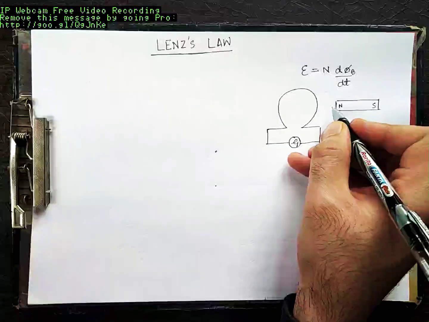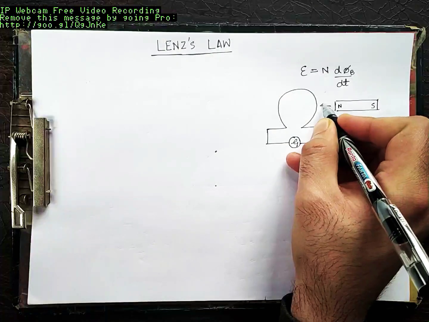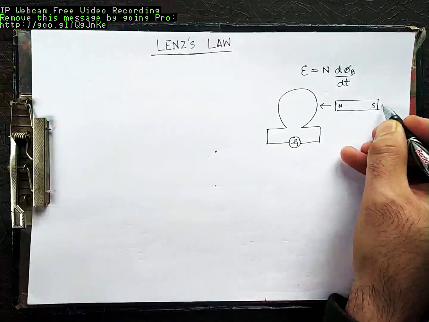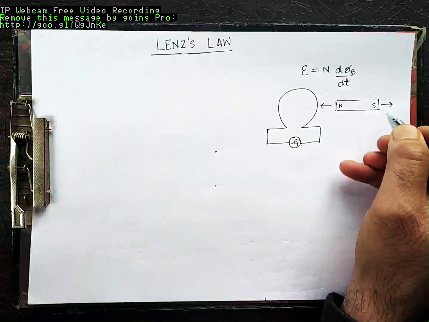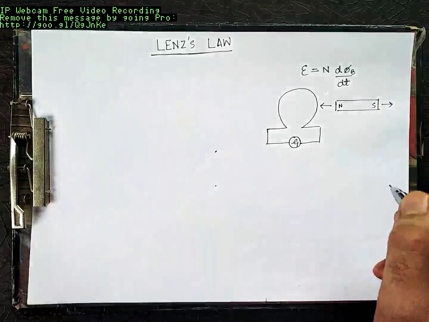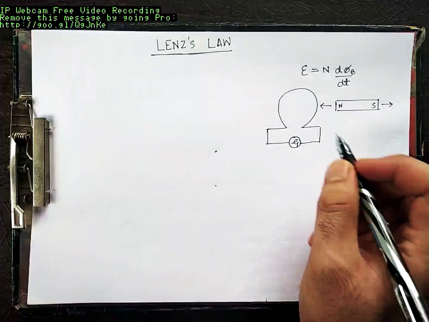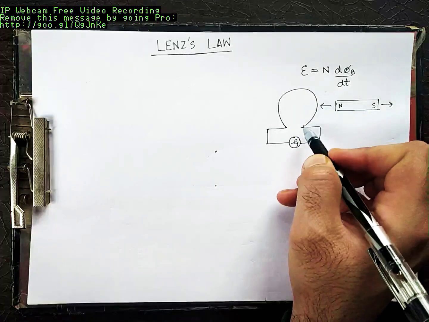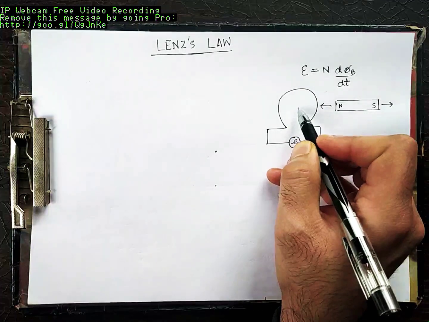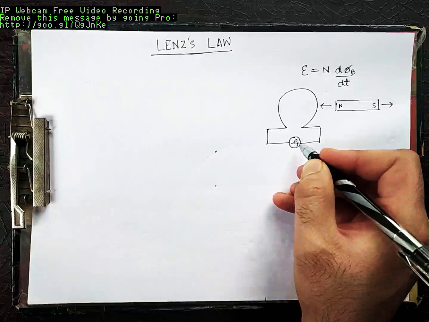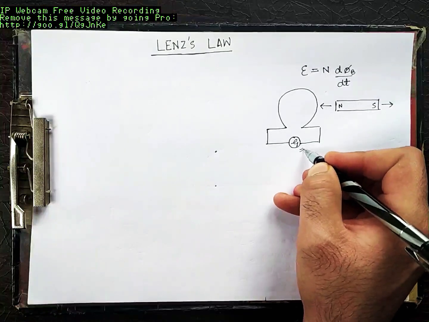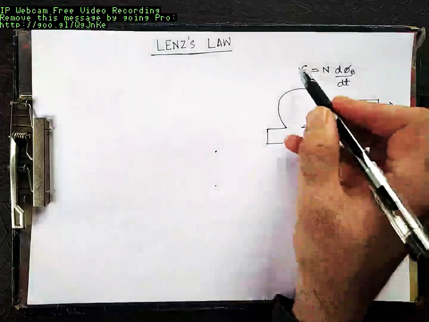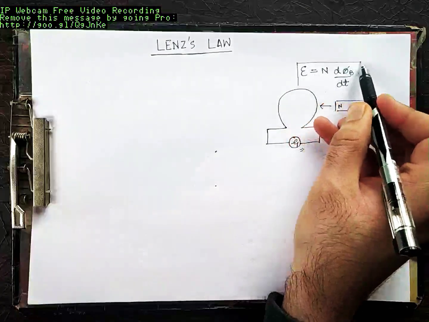If you move this magnet towards the coil or pull it away from the coil, in either case there will be an EMF induced in this coil which will produce a current, which will be detected by the galvanometer G. This is from Faraday's laws of electromagnetic induction.